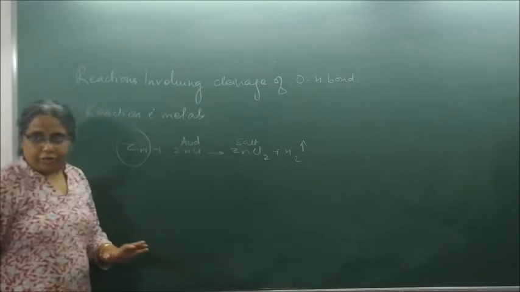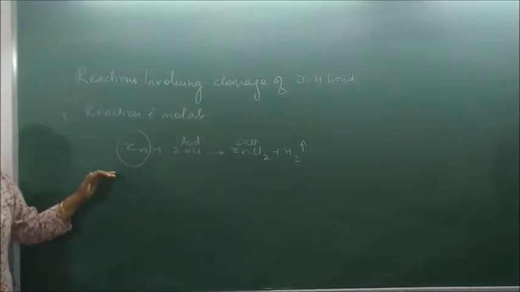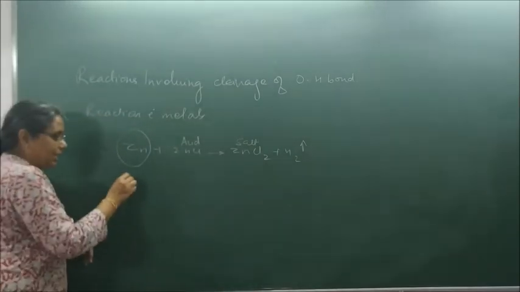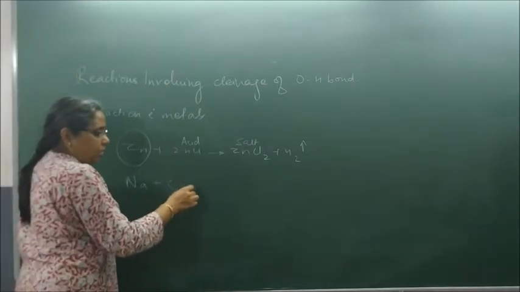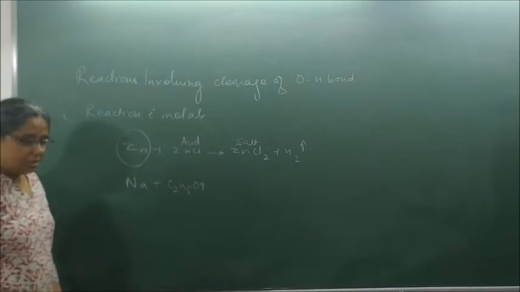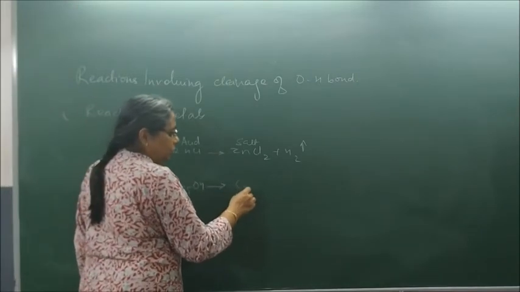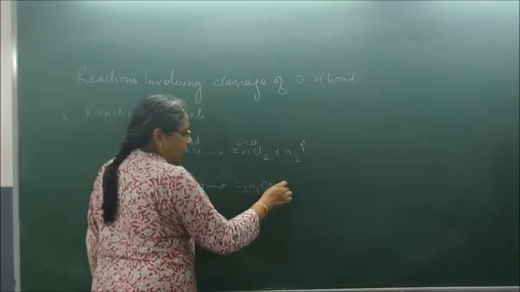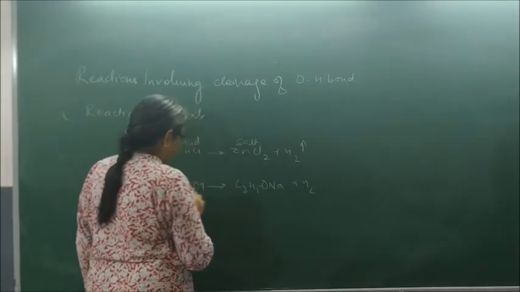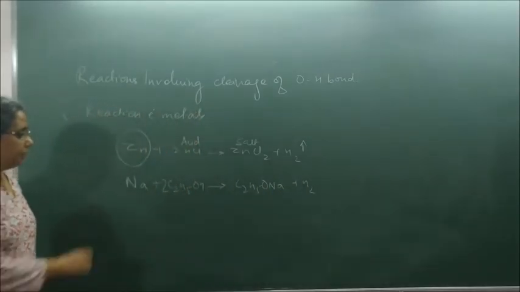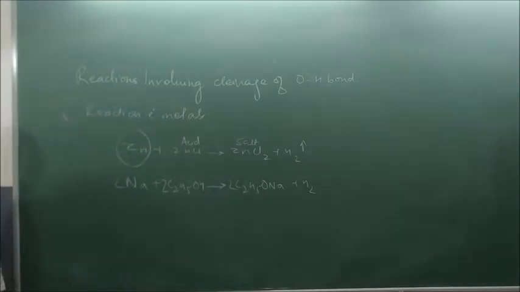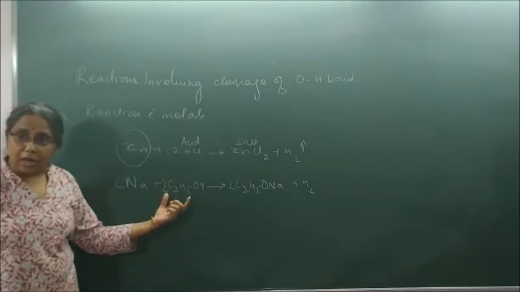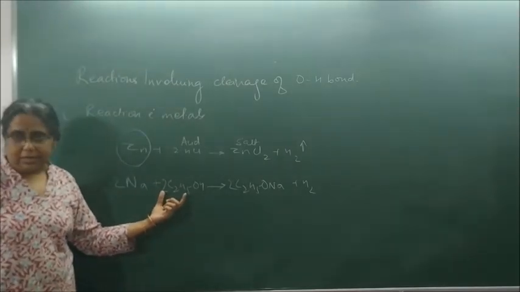This is how we have studied that any metal, when it reacts with an acid, it forms salt and liberates what? Hydrogen gas. If I take a metal, let us take Na, and I react it with alcohol, C2H5OH, and I get what? 2C2H5ONa plus H2. This shows what? Alcohols are acidic in nature.